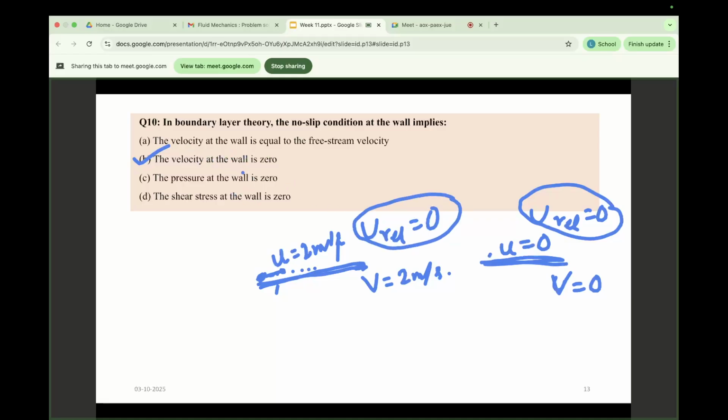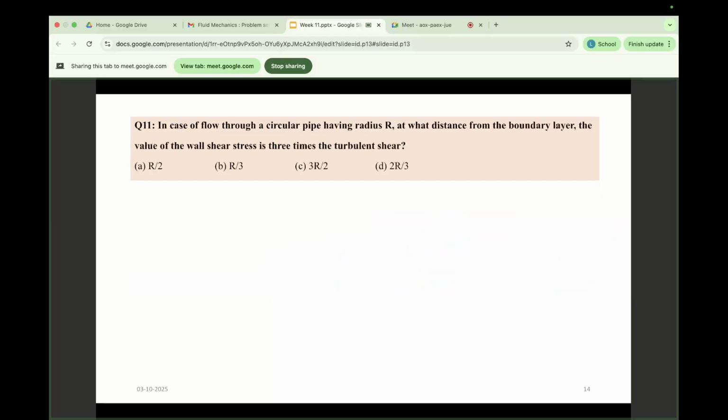If the plate is moving at 5 meters per second, the velocity of the particle near the wall should not be 0. No, the velocity of the particle near the wall should be 5 meters per second. The main point here is that the relative velocity should be 0. So option B is the correct answer. So I am moving to the next question.